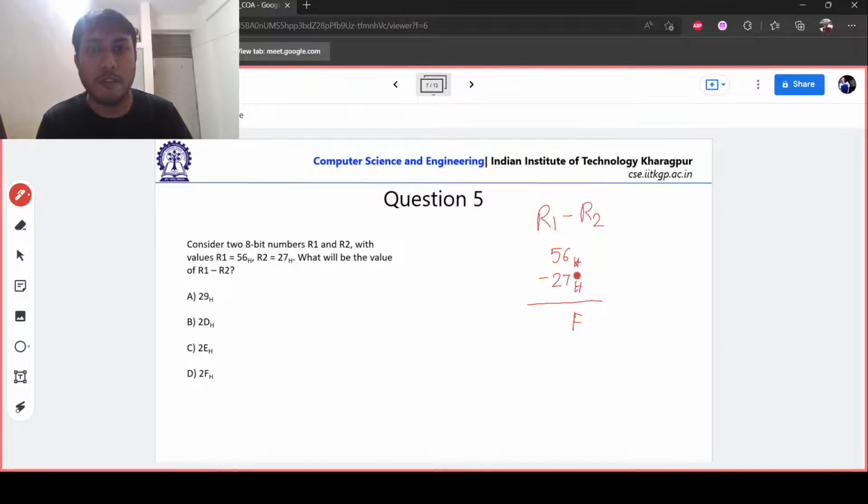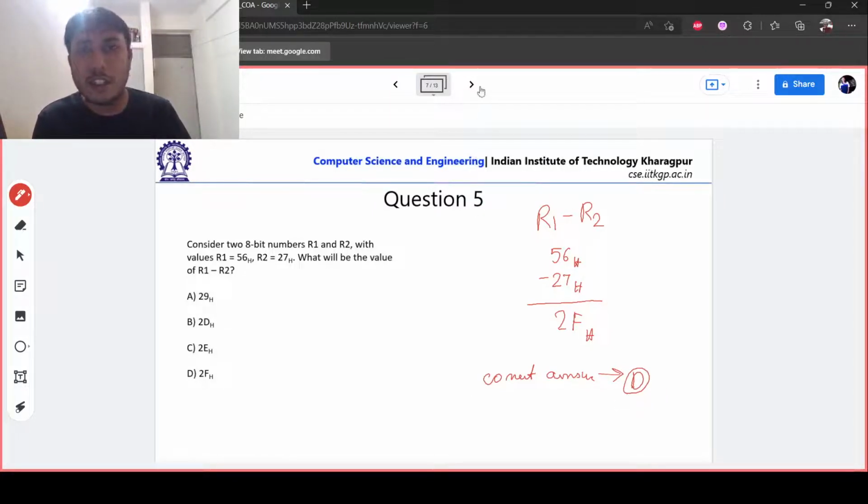So 8 plus 7 is 15, so that is F. The difference between those two is F, and the borrow 1 is here, so it becomes 3, so it will be 2FH. So the correct answer is option D.